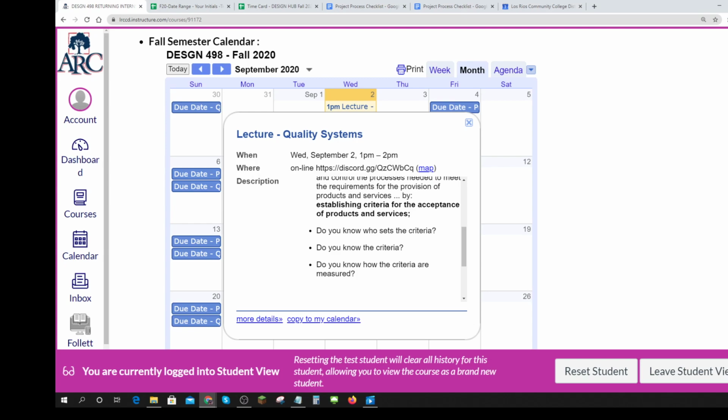So what are some ways you can think of that a company or a person, or us as the Design Hub, might let you know who's setting the criteria for a good job or a bad job? Where would you go to find it? It's tough, huh?